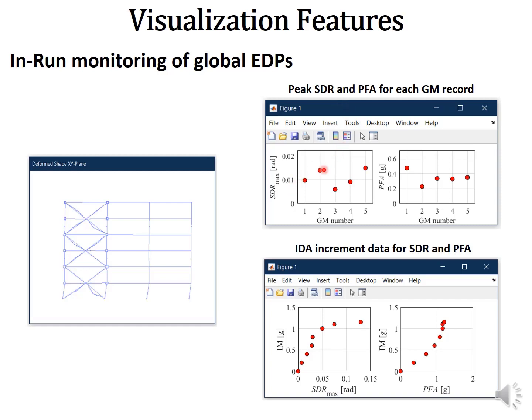So FM-2D will provide you with live plots of these main EDPs and how the peak values change with different ground motions. At the same time, if you're running incremental dynamic analysis, you will see the incremental dynamic analysis data for the story drift and the peak floor acceleration, which can be very useful in tracking the behavior of the structure while the analysis is being conducted.